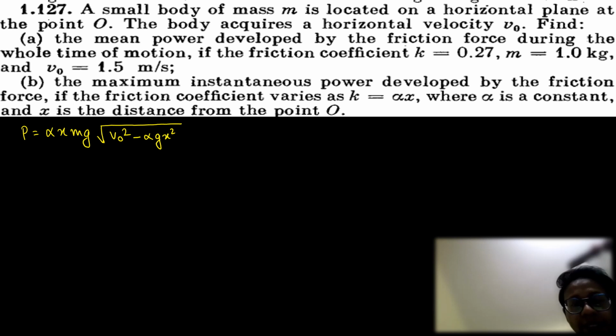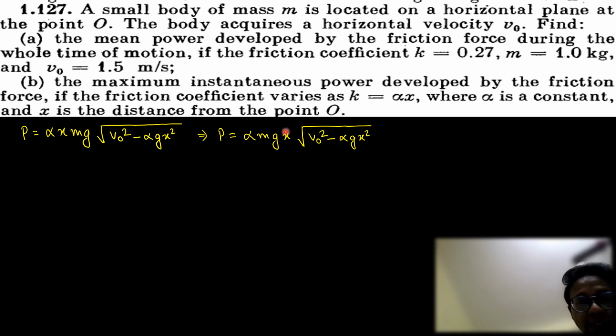So if I write p is equal to alpha m g x under root of v naught square minus alpha g x square, I have simply written this equation as alpha m g x, and the remaining portion is the same. So all I'm doing is substituting this complex term by a simpler term.